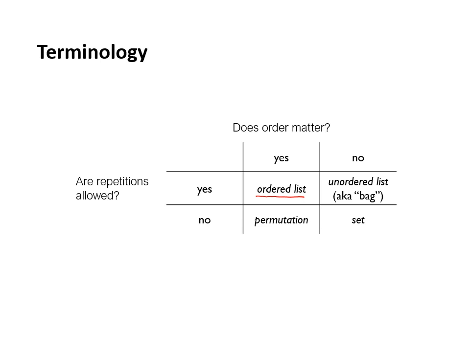If repetitions are allowed and the order does not matter, then we are talking about unordered lists, which are also known as bags. If the repetitions are not allowed, but the order does matter, then we're talking about permutations. And if repetitions are not allowed and the order doesn't matter, we're talking about sets. So sets we've seen before, and in this lecture we'll see the other structures as well.